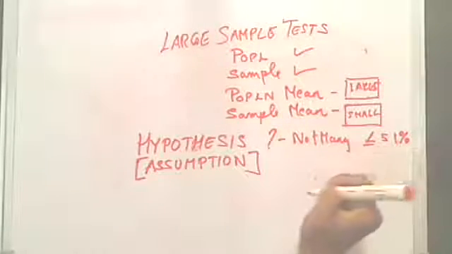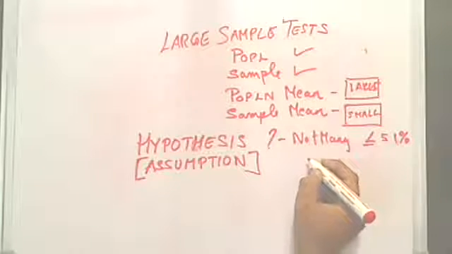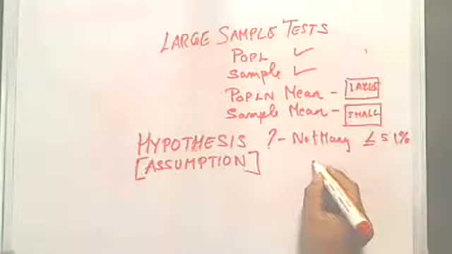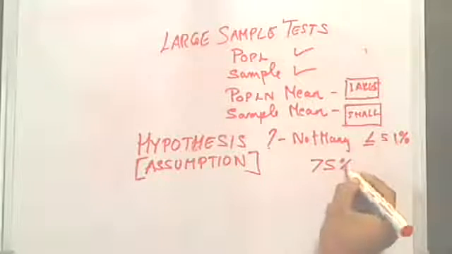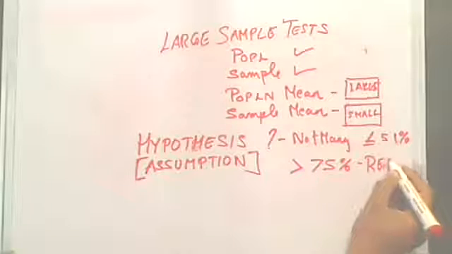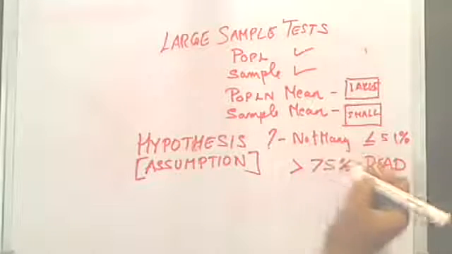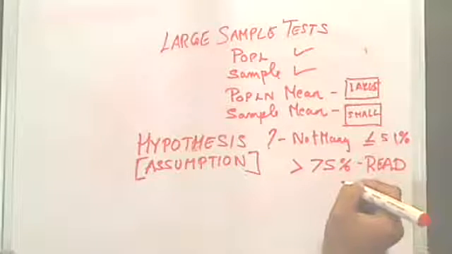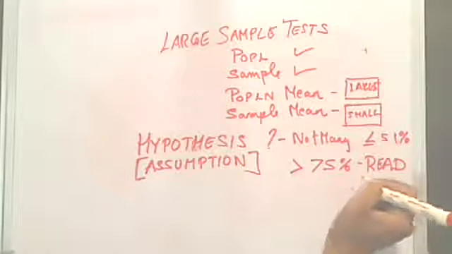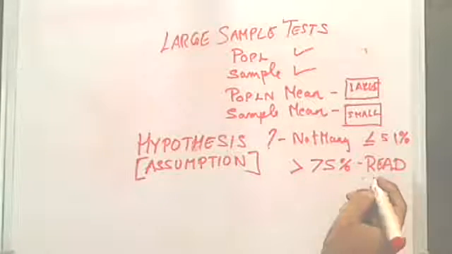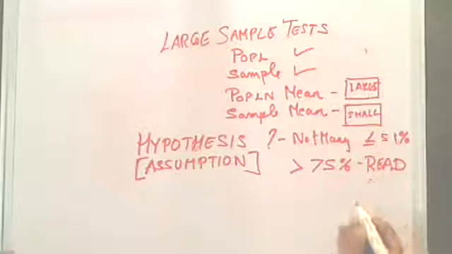To my surprise, when I actually did the research, it turned out more than 75% of the people happened to read the product label. Now this is what I learned by doing research, and this is what you would refer to as a large sample test. I contacted around 200-300 of my classmates, of my students, and I went on to ask them a series of questions.